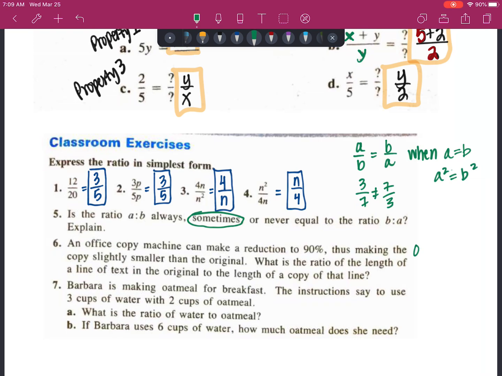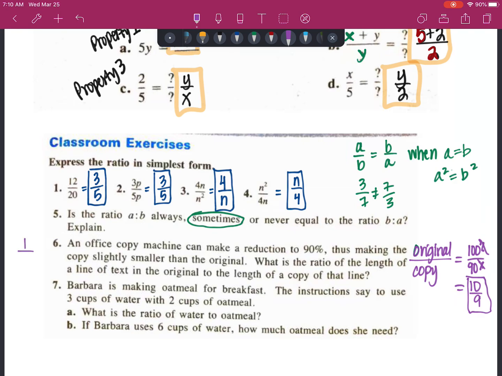I start off by writing my ratio, original over copy. This way I know which value is which. So 100% to 90%, well, the percents cancel. 100% over 90% would become 100 over 90, and then that reduces to 10 over 9.